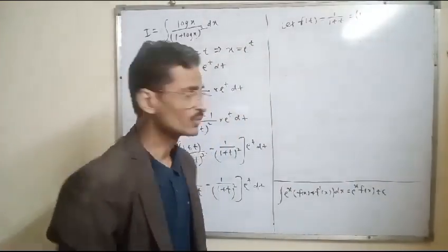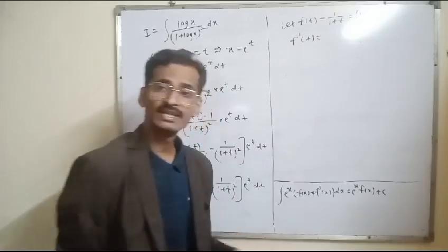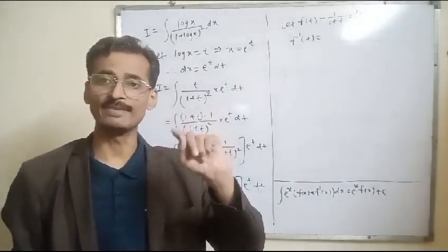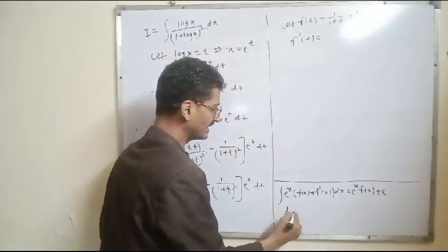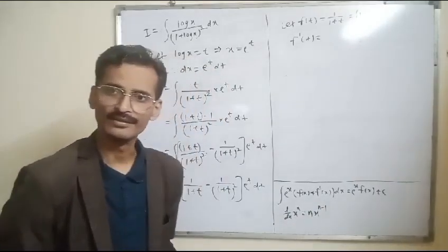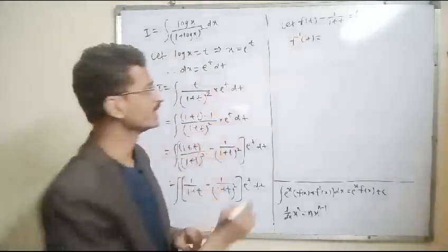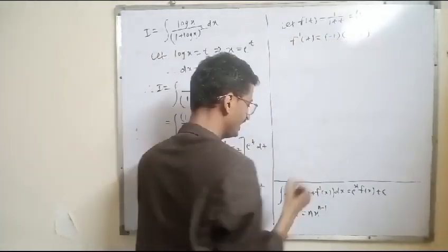Minus 1. So now differentiate. So f dash of t is what? What is the derivative of x raised to minus 1? That means x raised to n. So the derivative of x raised to n is n into x raised to n minus 1. So here n is minus 1. So n into 1 plus t raised to what?